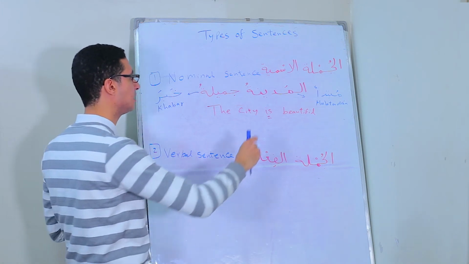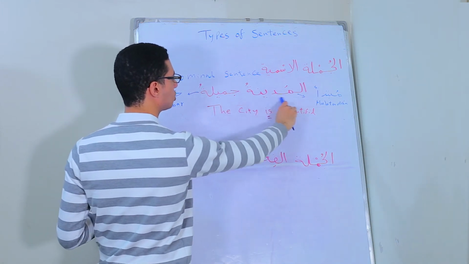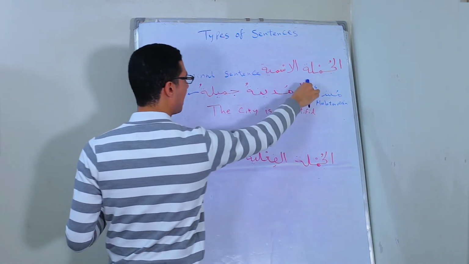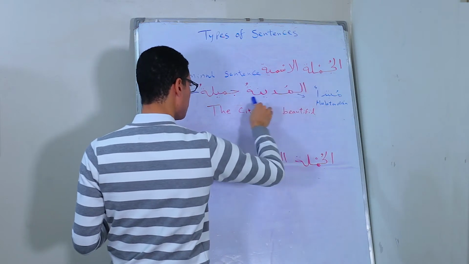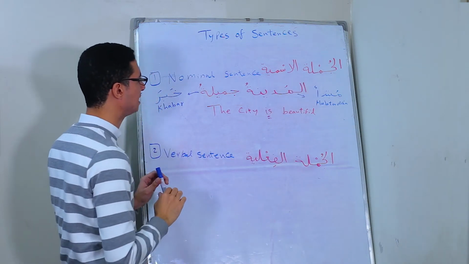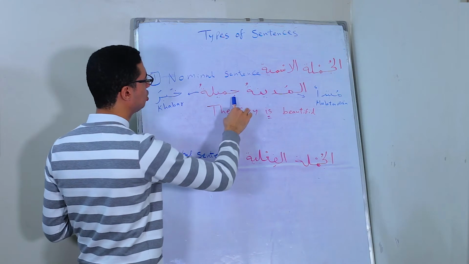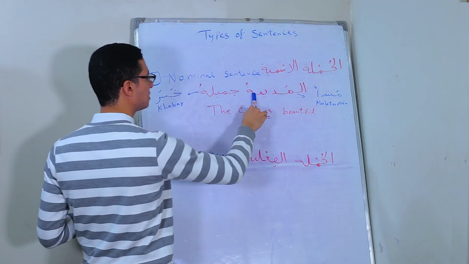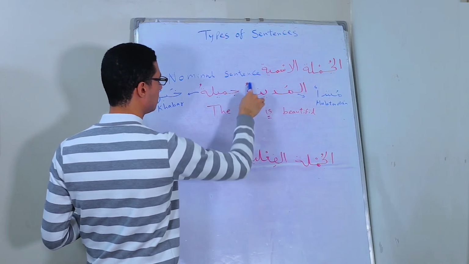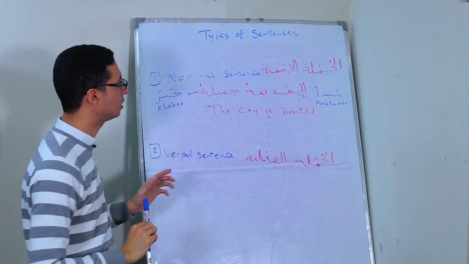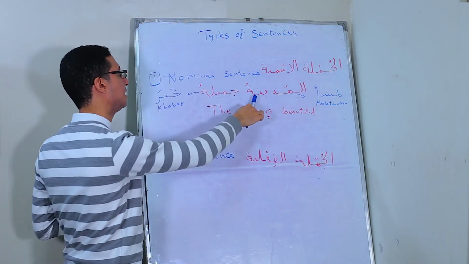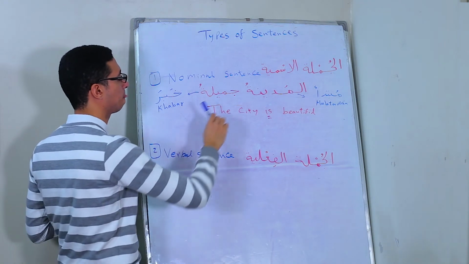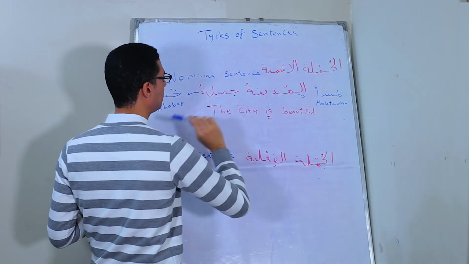But what we care about is that the nominal sentence starts with a noun, like here al-Madina. Al-Madina means the city, al means the, Madina means city. Al-Madinatu jamilatu. Okay, jamila means beautiful. And as you see here, the ta marbuta in al-Madina tells us that this word is feminine. And the adjective must be feminine, of course. So here, al-Madinatu jamilatu.